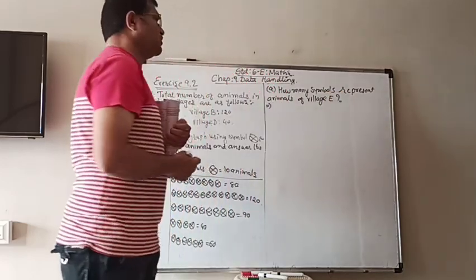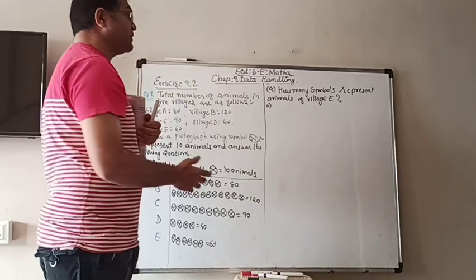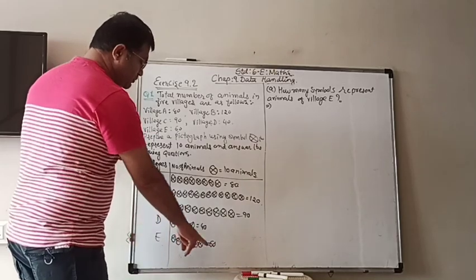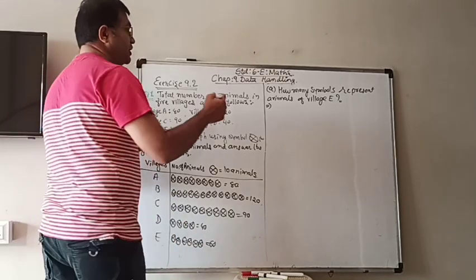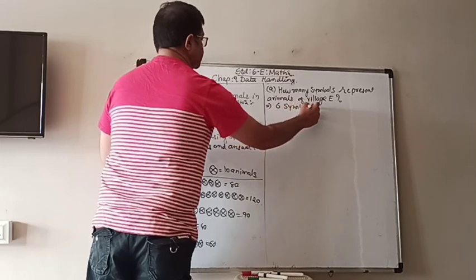Very simple question. How many symbols represent animals of village E? So village E, how many symbols we take? 6. So you can write down the answer, 6 symbols.